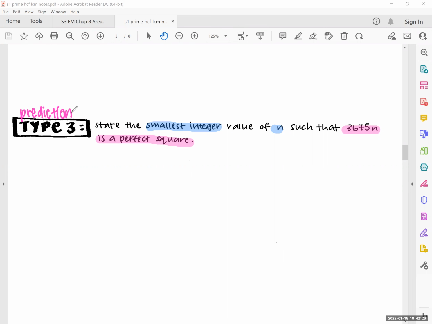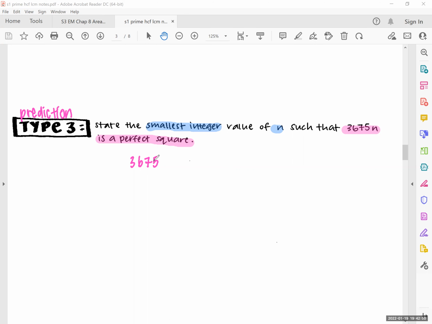So what do I mean by a prediction question type? You can see pink with pink. I'm going to try to make all these words into numbers. Can you see all these are words? And I'm going to translate all these words into numbers. So basically here is 3675n. I just put 3675. If they don't write any sign, what's in between 3675 and n?